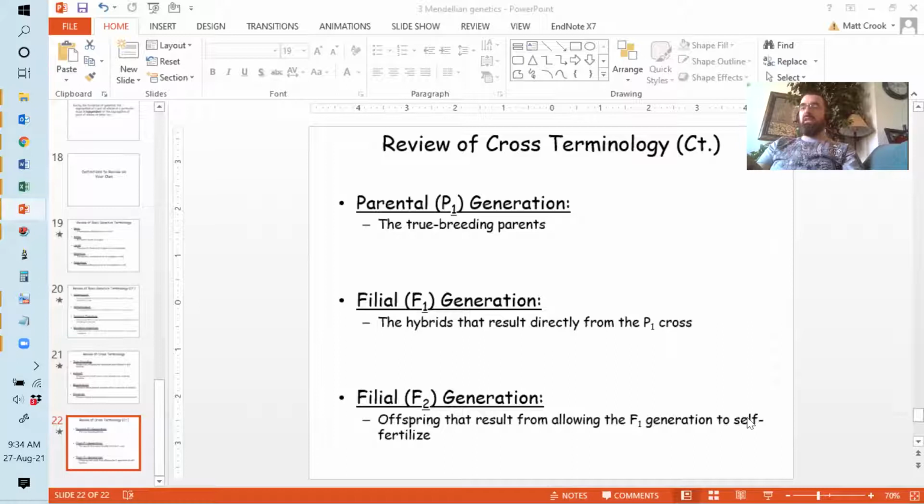Now, before we get into Mendel and co, I want to just type in some assumptions. So Mendelian genetics rests on some assumptions.